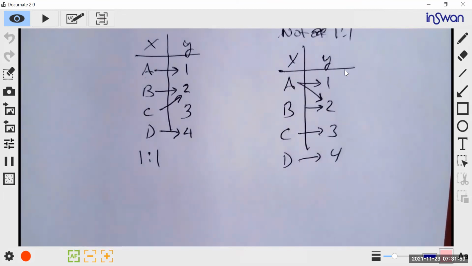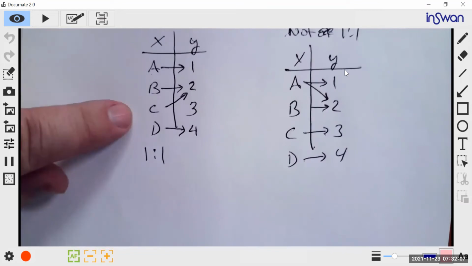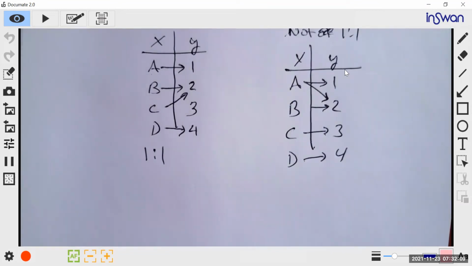Remember I said we had that list. As long as all of the x's are different, you have a one-to-one function. That's the reason why. If all the x's are different, it doesn't matter what the y's are.